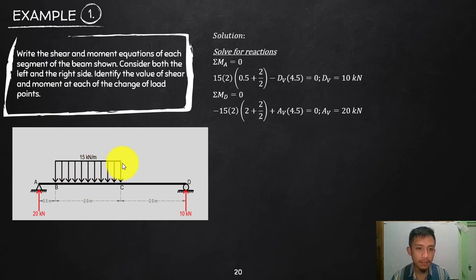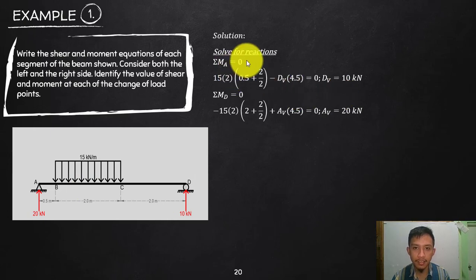It will be concentrated at the middle of the UDL, if that is a uniform distributed load. So 15 times 2 is 30. That will apply at the middle. If that is 2 meters, then that will apply 1 meter from B or from C. And then take a moment of that.